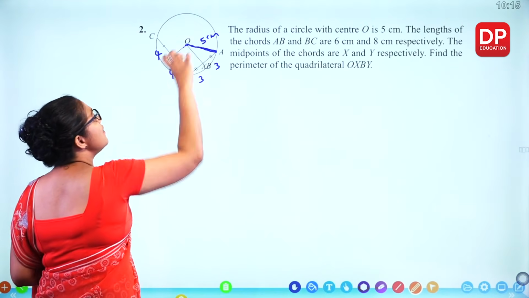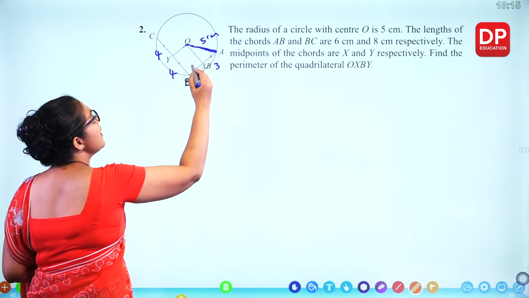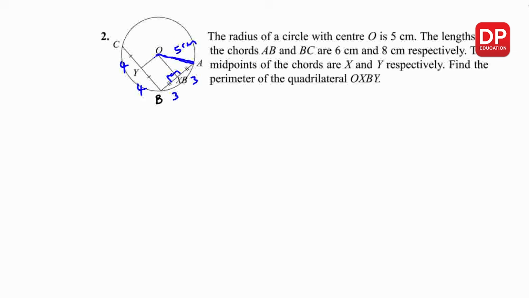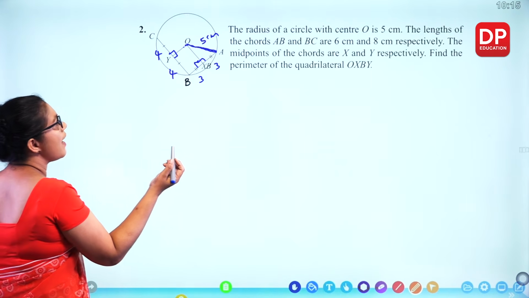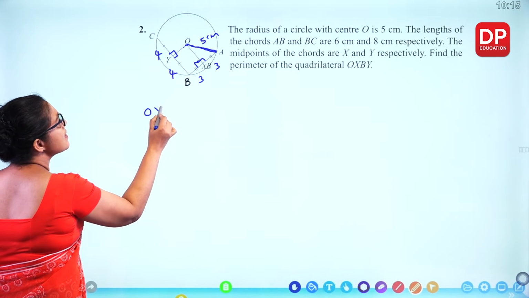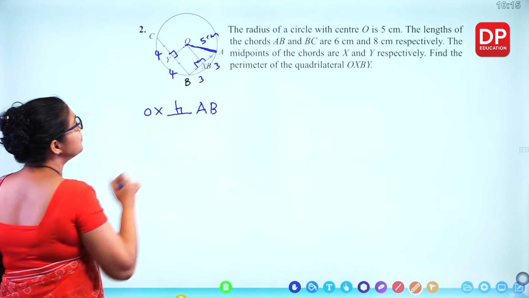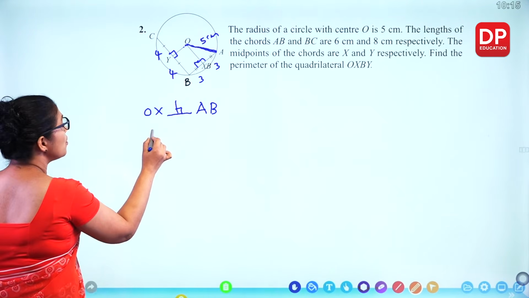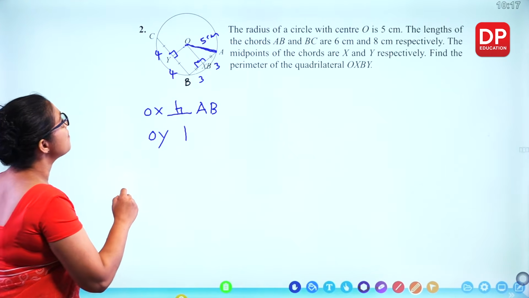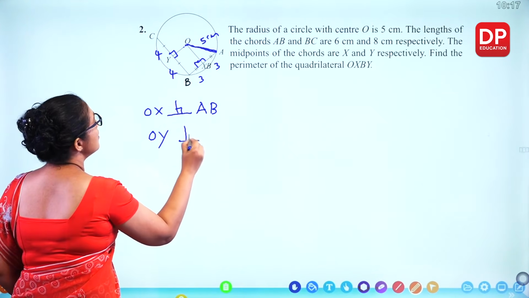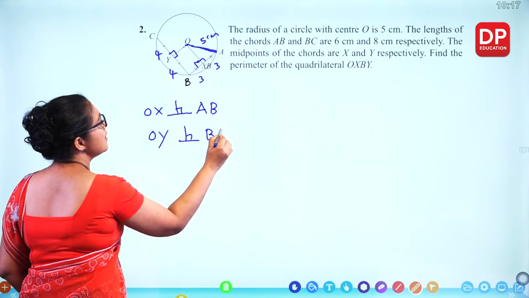So this one and this one are perpendicular. We can write OX is perpendicular to AB and OY is perpendicular to BC.